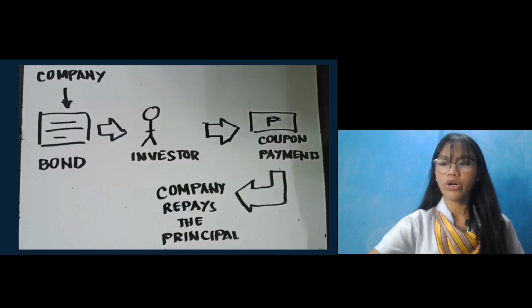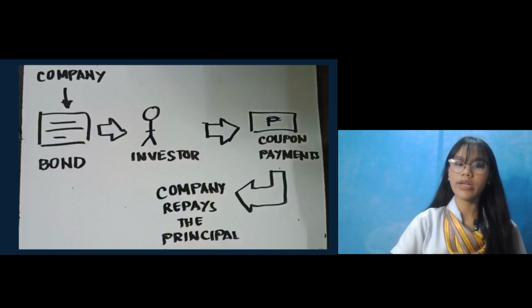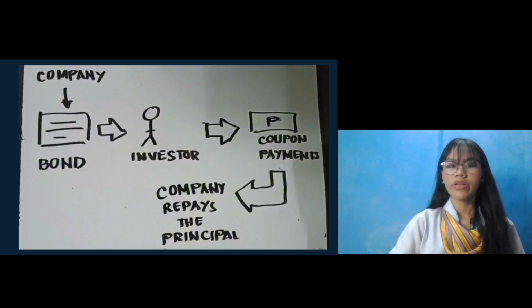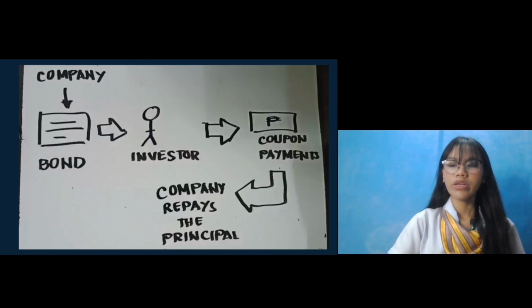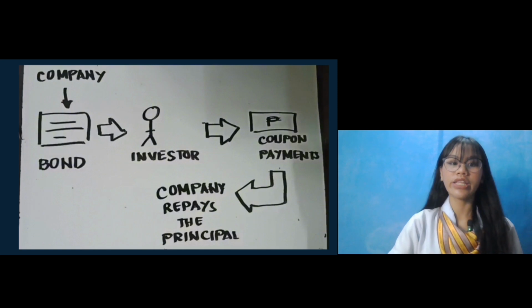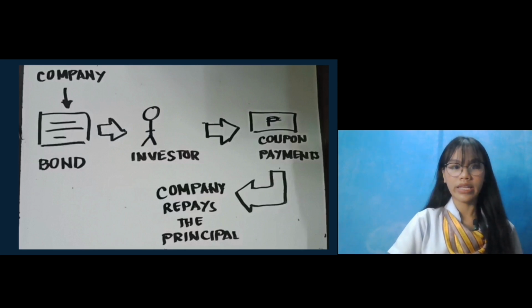The investor will receive a coupon payment. So that is the regular interest payment that the bondholder receives. Since you will be receiving interest, you will also have a profit from the money that you've lent.